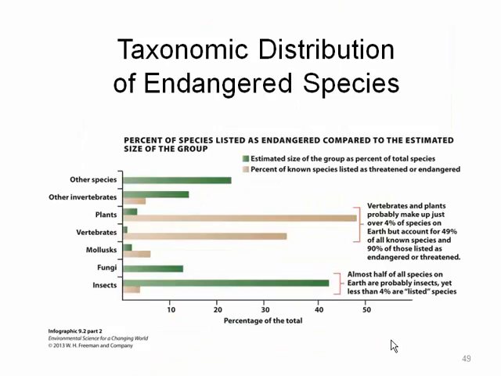The book provides this chart of the distribution by taxonomic group of different endangered species. The tan bar is the percent of known species that's listed as threatened or endangered, and the green bar is the estimated size of that group in terms of total. So as you might imagine, perhaps given our earlier lectures, vertebrates are the smallest grouping as a percentage of all the organisms on the earth.